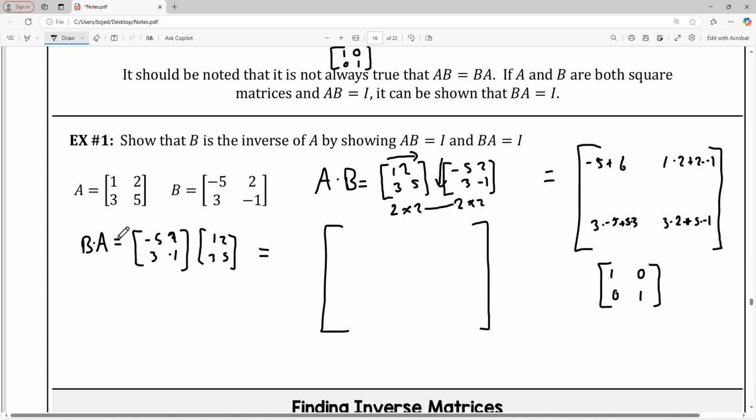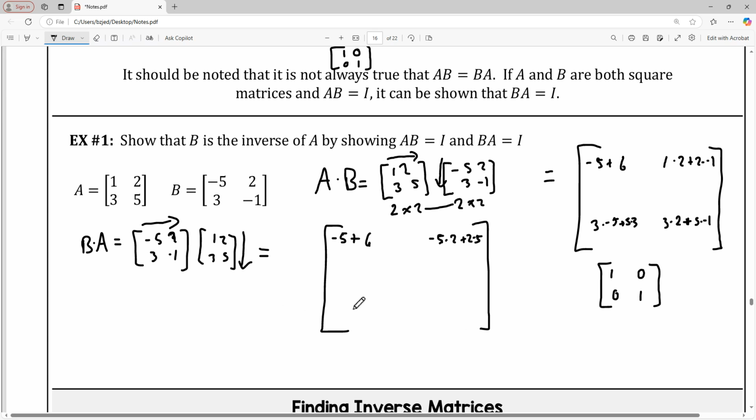So first row, first column, again, I'm going rows in this matrix, columns in this matrix. -5 times 1 is -5, plus 2 times 3 is 6. Here I have first row, second column, so I'm going to do -5 times 2, plus 2 times 5.